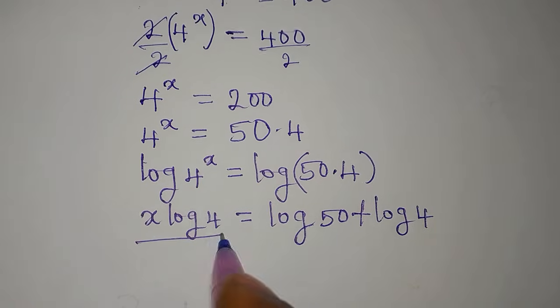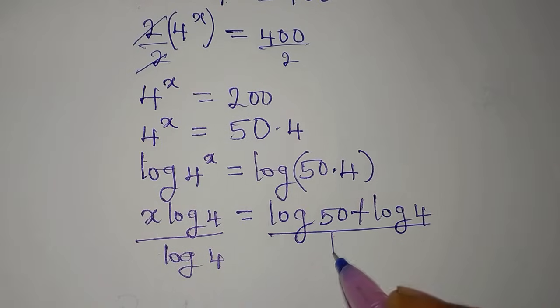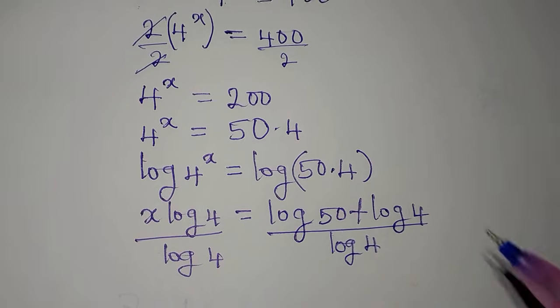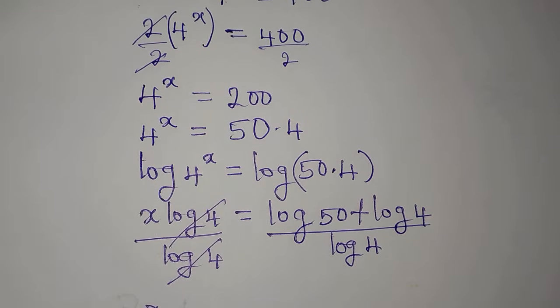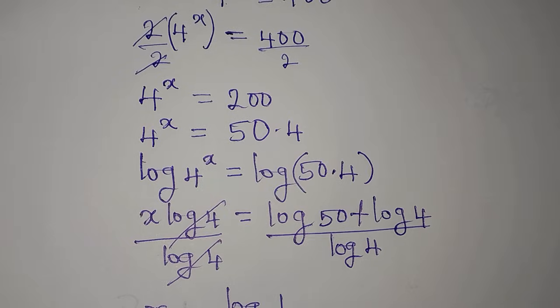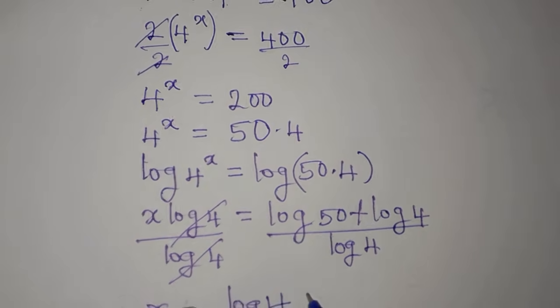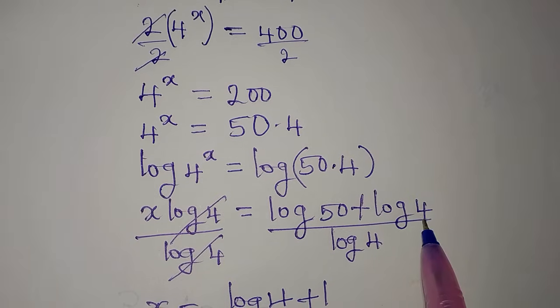Now remember, we are trying to get the value of x, so we divide by log 4 and then divide the other side by log 4. This takes this out so that x is equal to log 4 plus, okay, I should have written log 50 first, right?